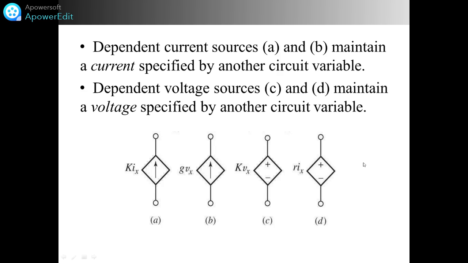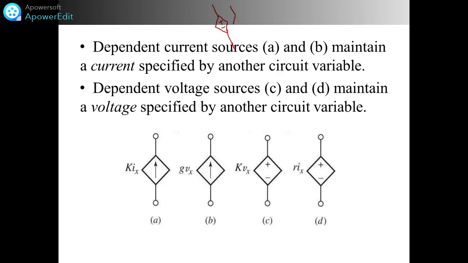So dependent sources: these are all dependent current or voltage sources. They are basically represented with a diamond symbol. If it is a voltage source, it is a positive and negative symbol in a diamond.